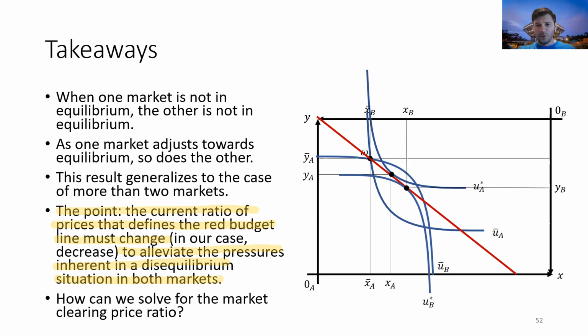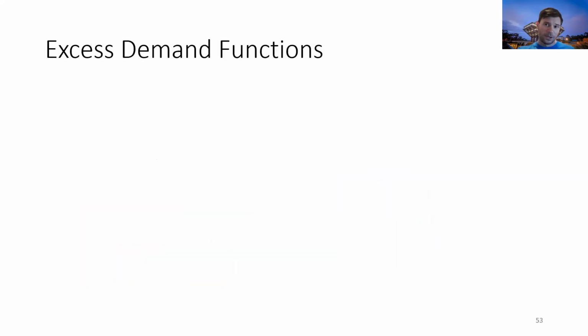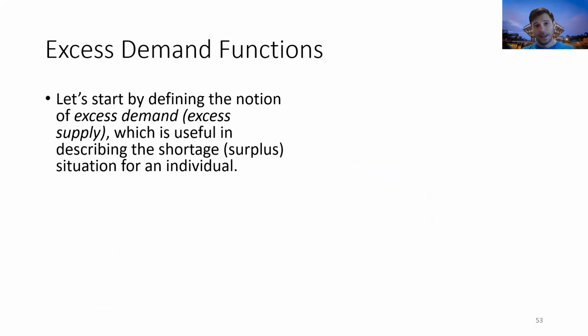So let's go ahead and talk about something called an excess demand function. The excess demand function is going to be very useful in describing a shortage or a surplus for a given individual. Then we can add up these excess demands over the individuals to measure the shortage or surplus for a particular good.